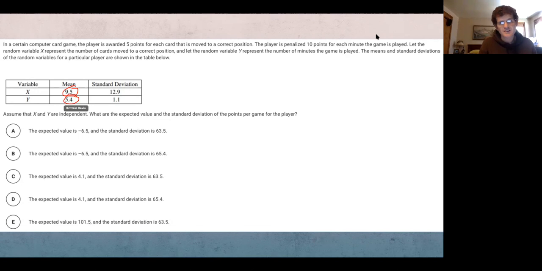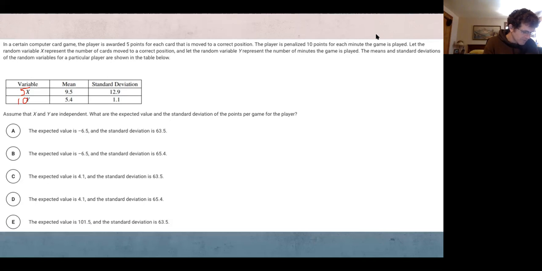On their own, we don't want to combine those. We first need to rescale, transform this data. So I want not x but 5 times x, and not y but 10 times y, because we're going to convert these into points, so we have a common unit when we combine them.